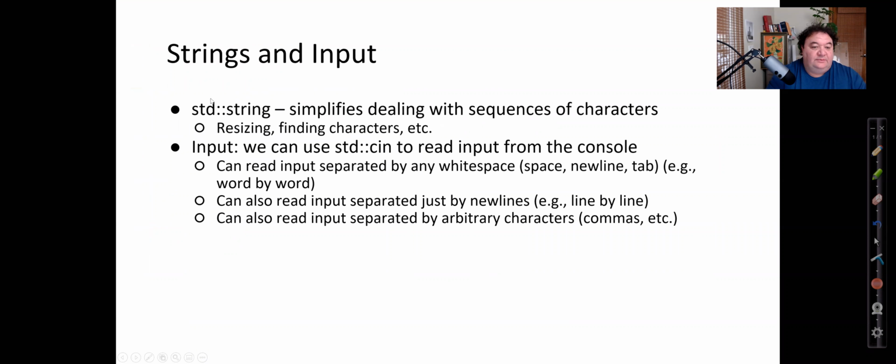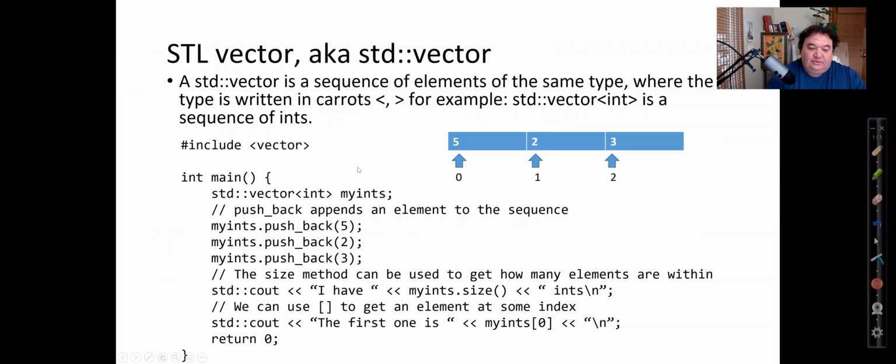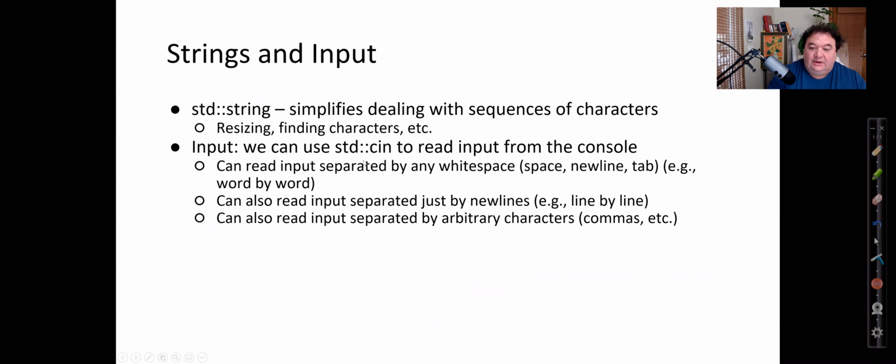So here we've seen strings, and of course we can use the standard cin as an input, and those are good facilities, so that, for example, one can read elements separated in different ways, spaces, new lines, and things like that.